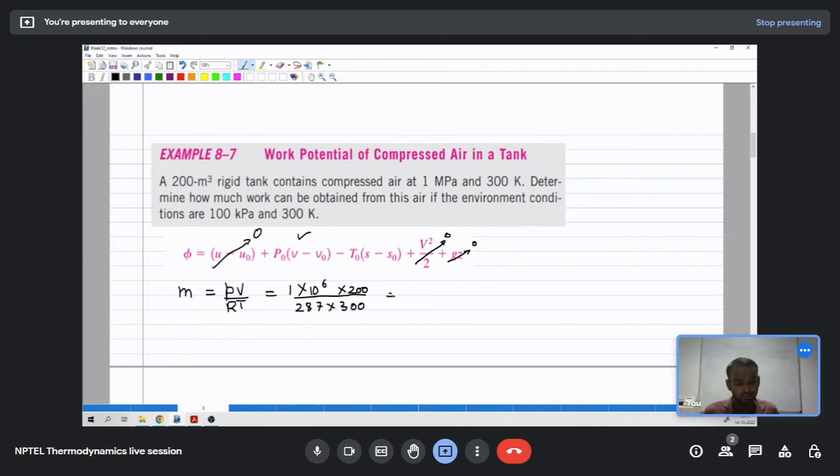So you can calculate the mass this way, which is 2322 or 23 kg.